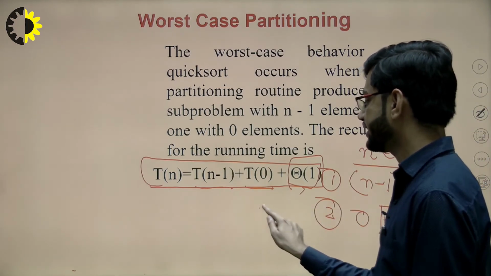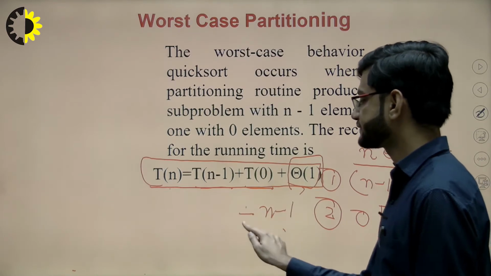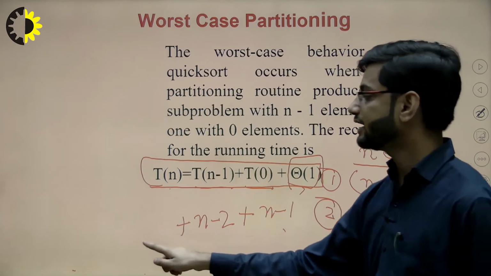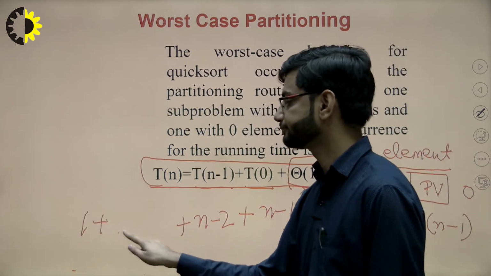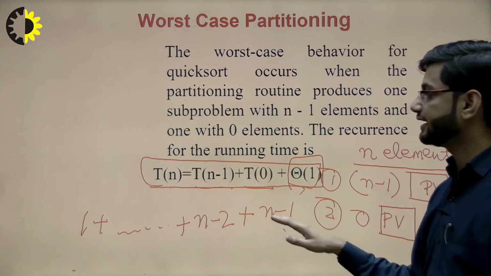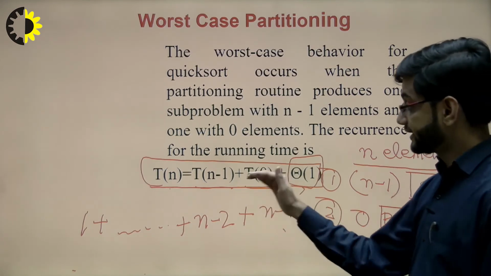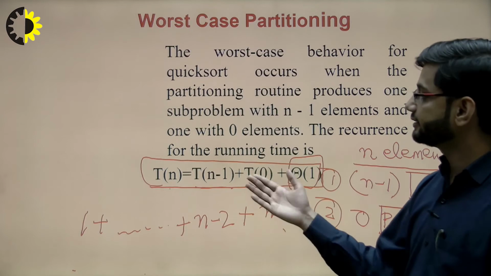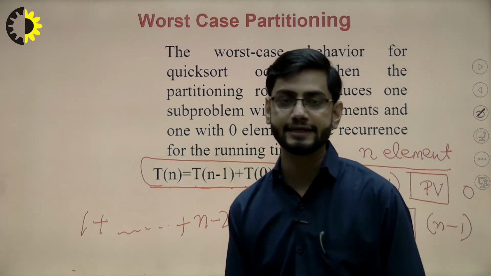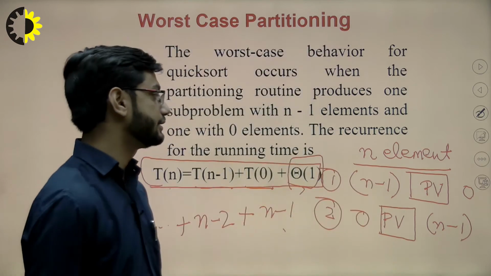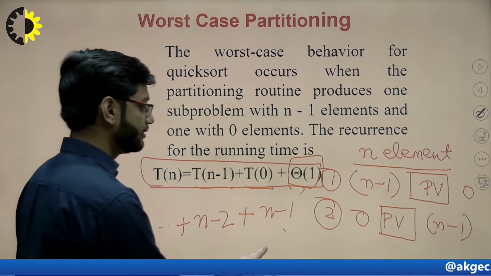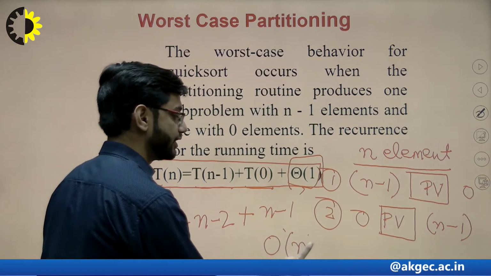n minus 1 plus n minus 2 plus n minus 3 and up to 1. This series I will get if I expand this recursive formula, and we have all studied this type of recursive formulas in discrete mathematics. The solution to this recursive formula will be order of n square.